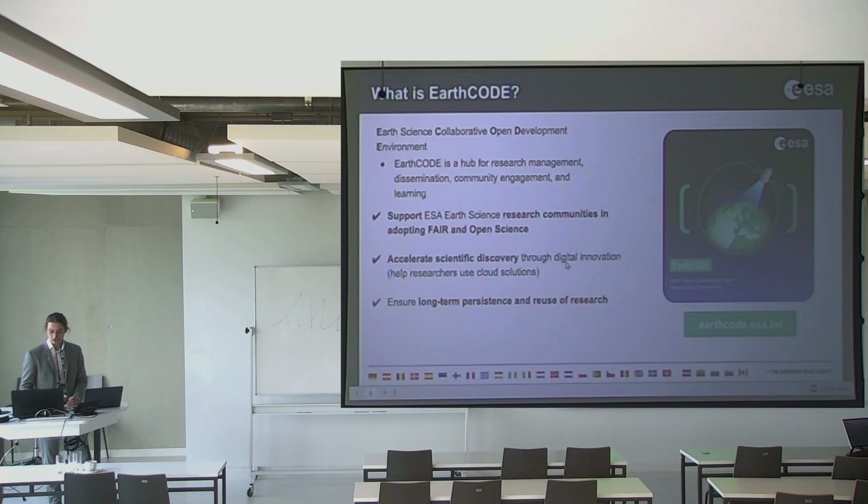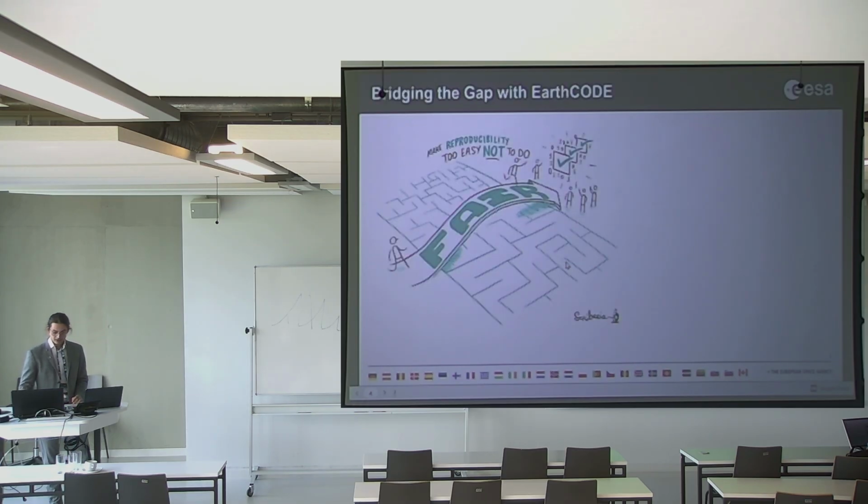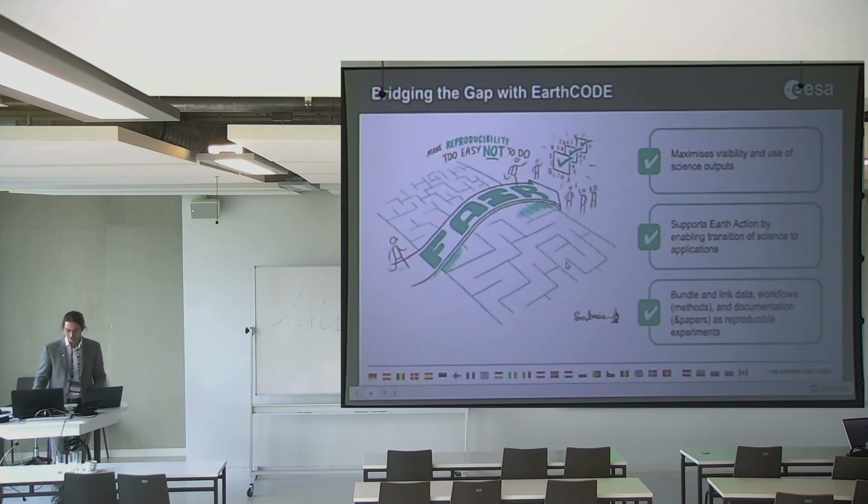So EarthCODE tries to combine basically these two concepts, making data open and making data FAIR, and providing the ecosystem and infrastructure for that with reproducible platforms. Essentially what that looks like is it bundles up data, workflows, documentation, papers, and publishes them on something called the Open Science Catalog, where they're accessible and reusable.